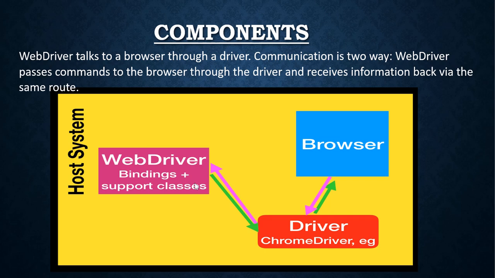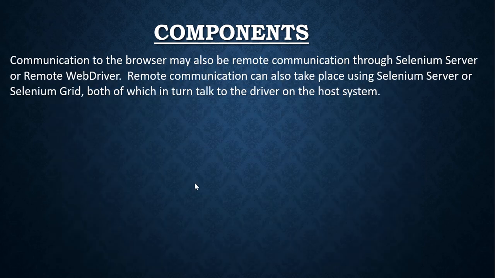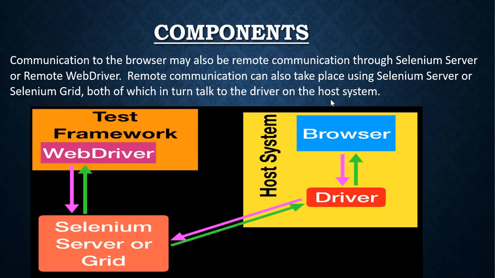Let me move forward. Now we will see another diagram, not a component. Communication to the browser may also be remote communication through Selenium server or remote WebDriver. Remote communication can also take place using Selenium server or Selenium grid, both of which in turn talk to the driver on the host system. Here you can see this image.